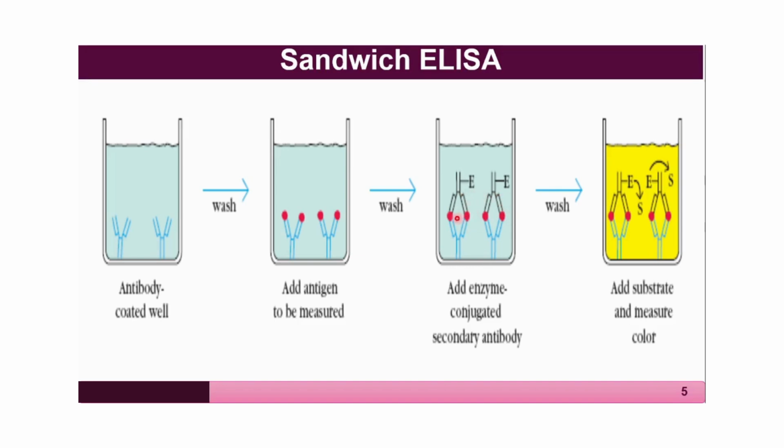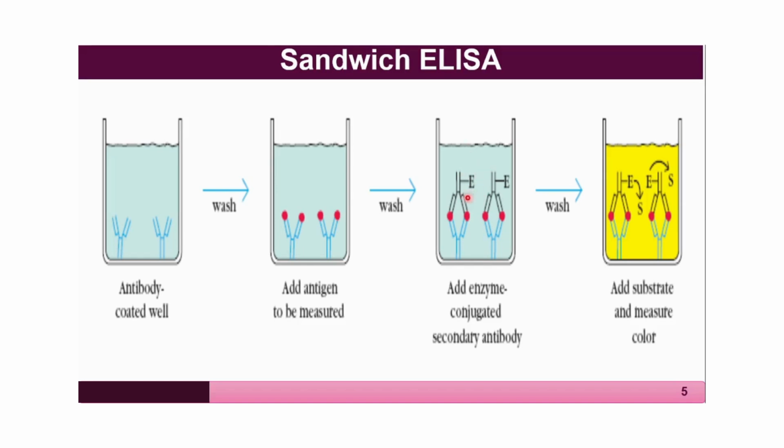If the antigen is immobilized, means it is bound to the FAB site of the antibody of the patient serum, this secondary antibody will recognize the antigen and bind to that antigen because it was raised against the antigen. Here, the antigen will be sandwiched between the primary antibody of the patient serum and the secondary antibody against the antigen.